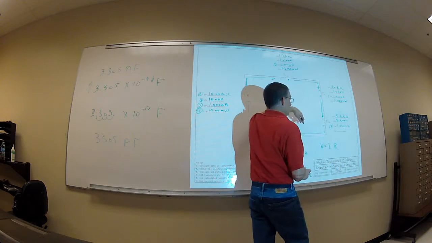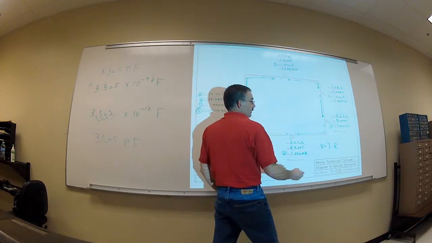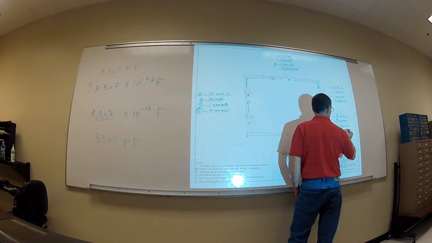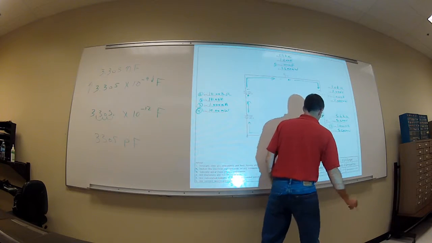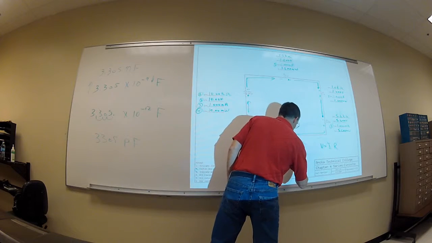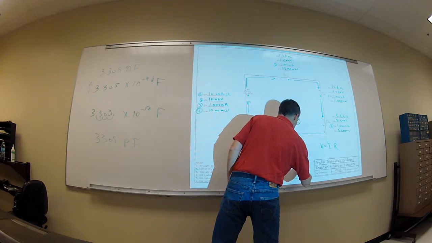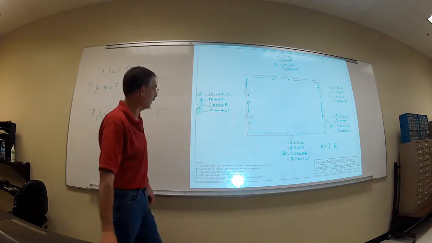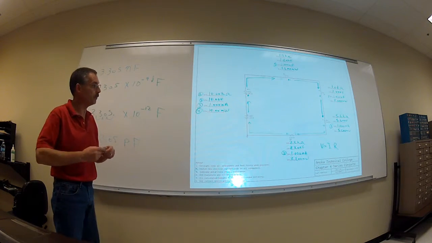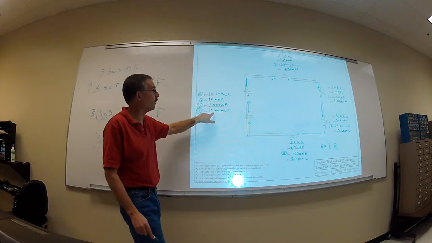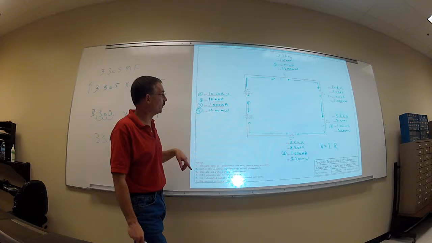Why aren't all my worksheets this easy? All right, P3, 5.6 milliwatts. And R4, 2.2 milliwatts. If I want to double check that I calculated all my powers, what can I do? Add them all up and they should equal 10 milliwatts. So always be double checking your work.